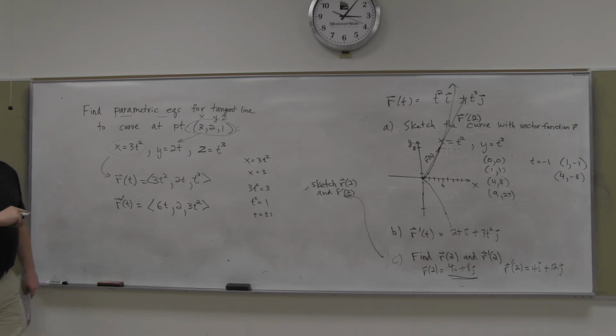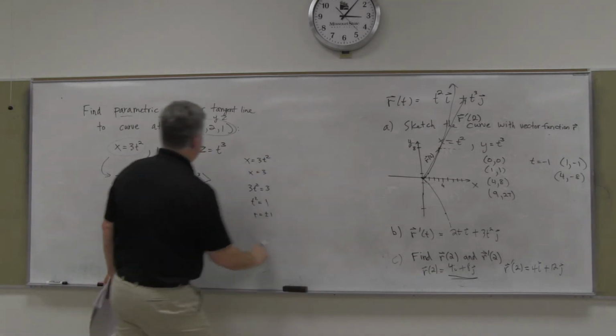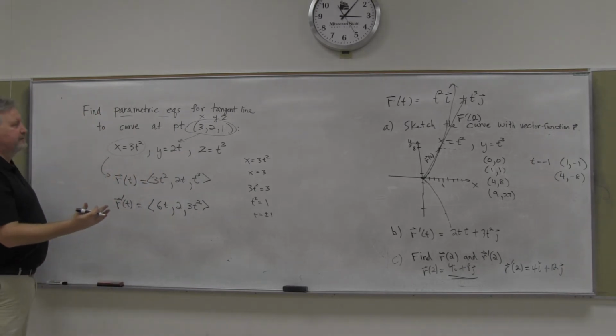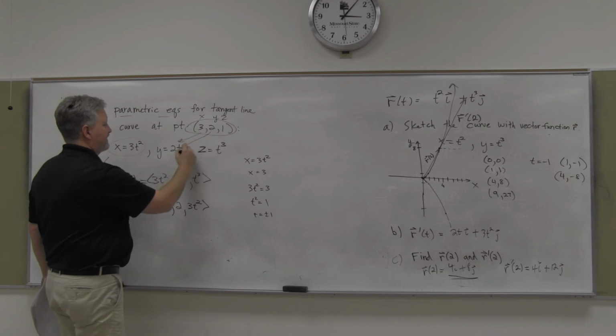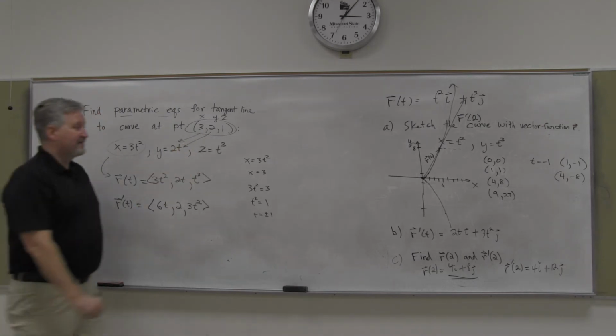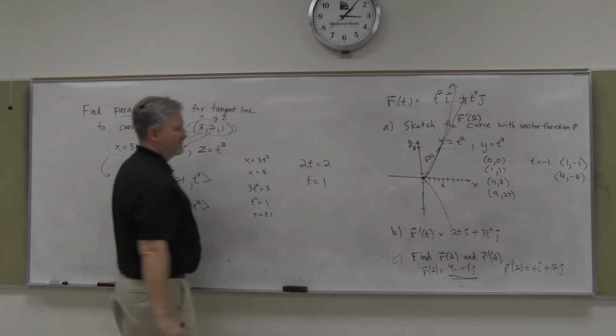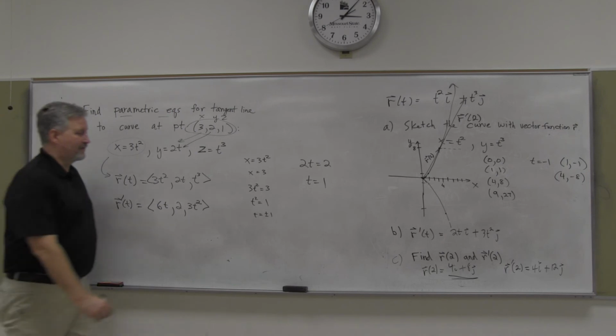So if you've got some simpler equations, you may want to go with those. Like here, the y value is 2, so 2t equals 2. There's only one solution to that.